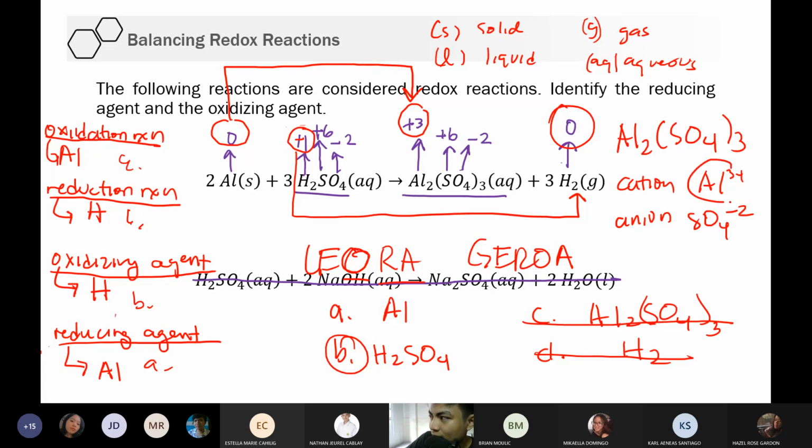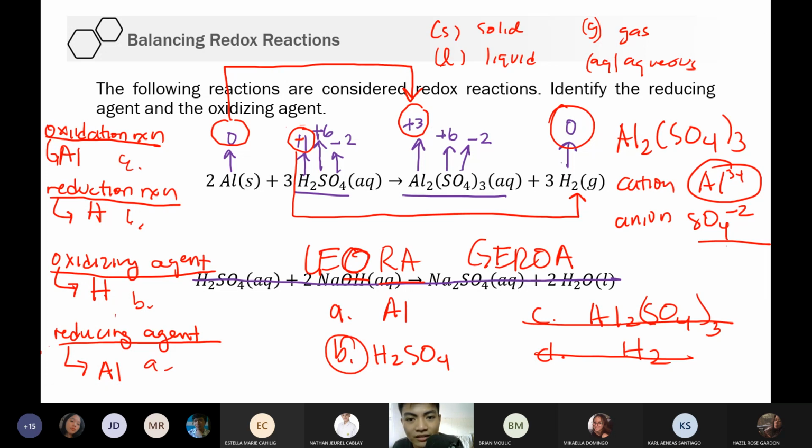So, makikita mo, aluminum is indeed +3. Then, for the SO4, you can apply rule number 5. So, ganun. If you have ionic compound, get the cation and the anion. Do the reverse crisscross para mas mabilis nyo makita yung charge. Mas madali nyo makikita yung oxidation numbers. Okay? So, ganun lang.